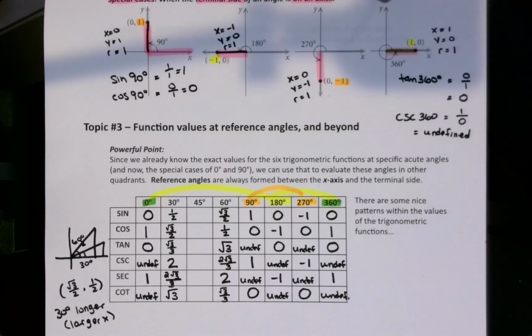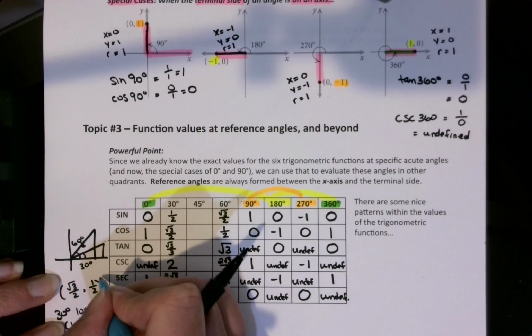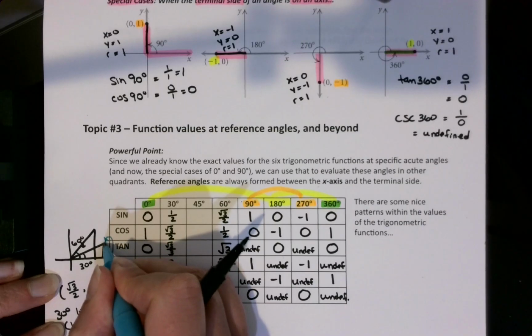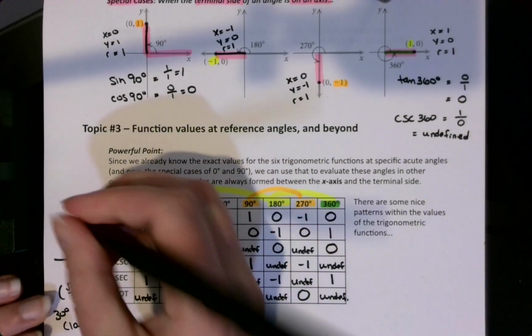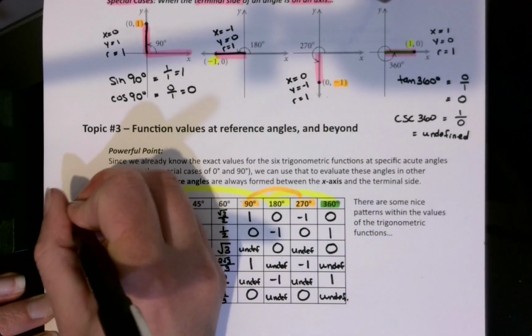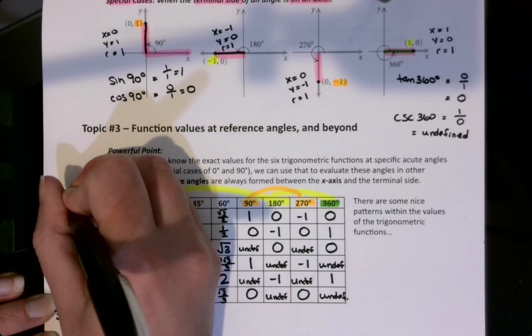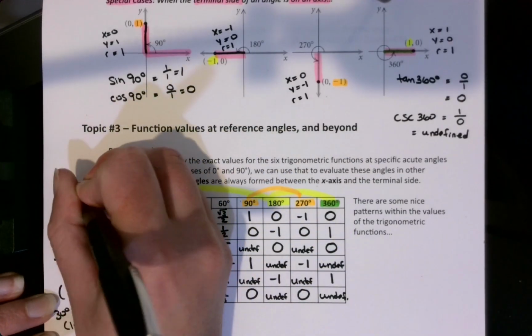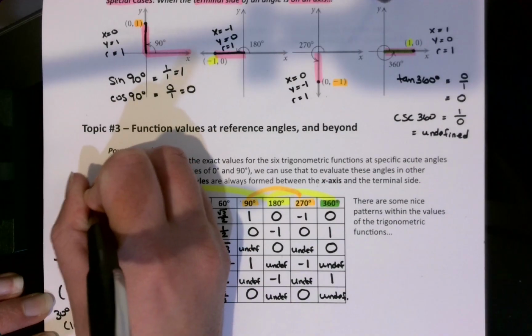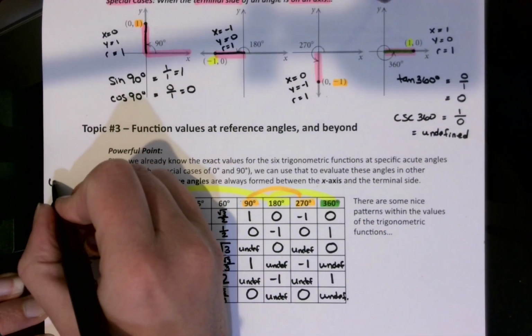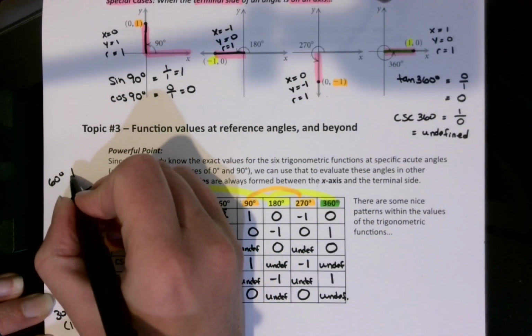So this is going to be the ordered pair on the 30-degree angle. The ordered pair on the 60-degree angle is going to have to be 1/2 comma square root of 3 over 2. So 60 degrees is taller.